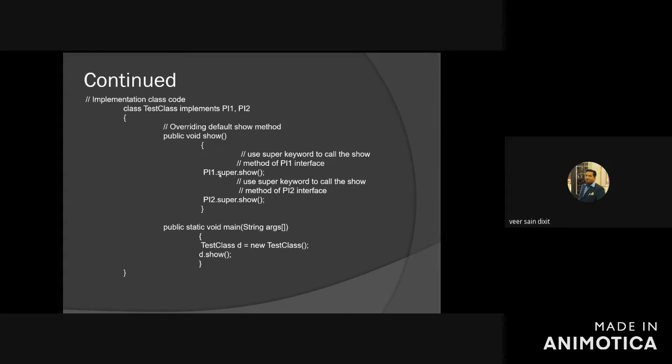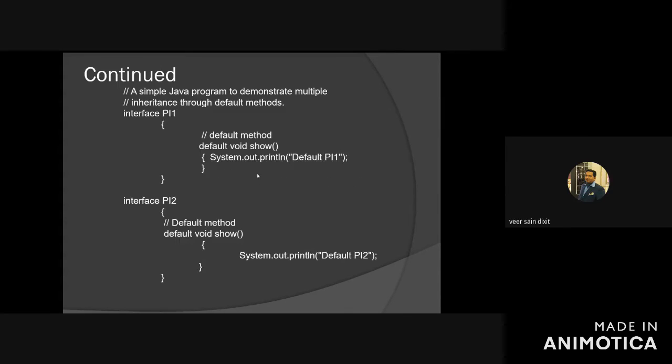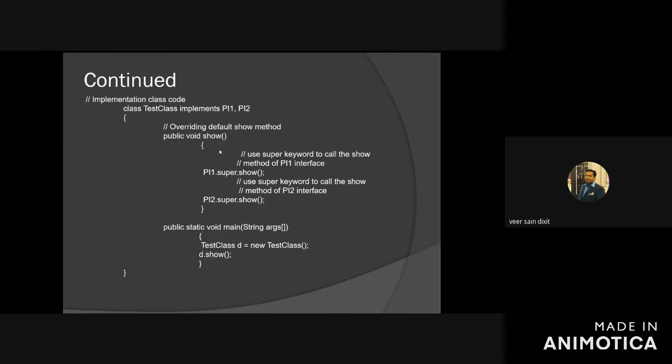When you call it, it will print default PI1, and the output here would be default PI2. Here is the main method. You are creating an object d of the Test class, and d.show. Control will go here, first call the default method of the first interface, and then the default method of the second interface. So the output will be default PI1 and default PI2.